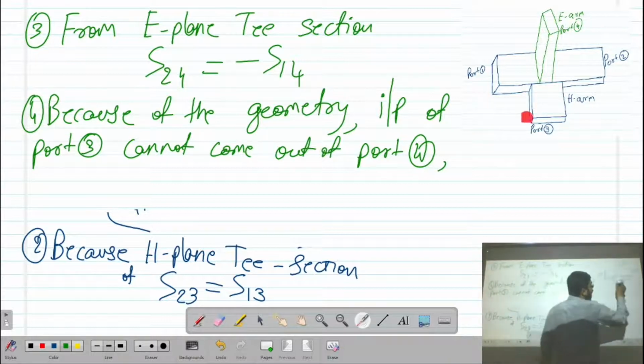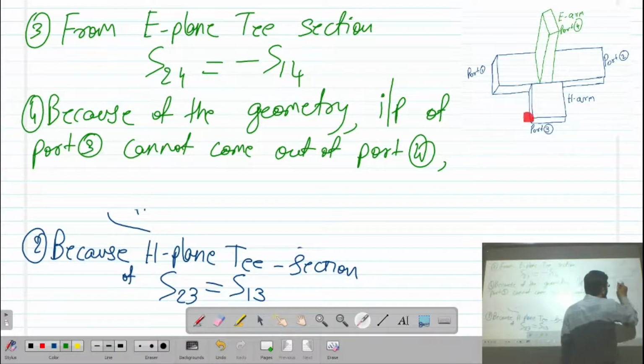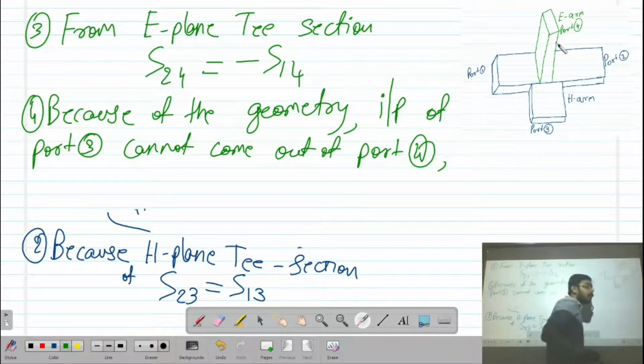Remember, port 3 and port 4 are isolated ports.